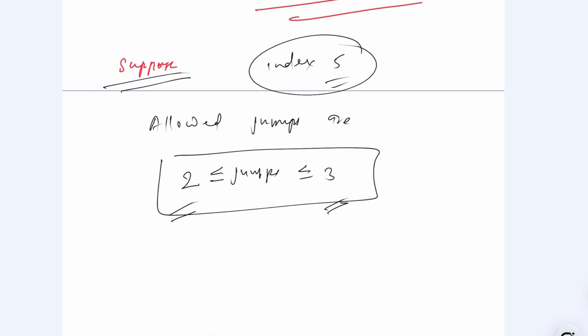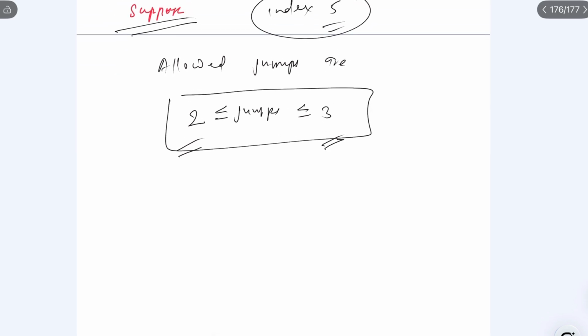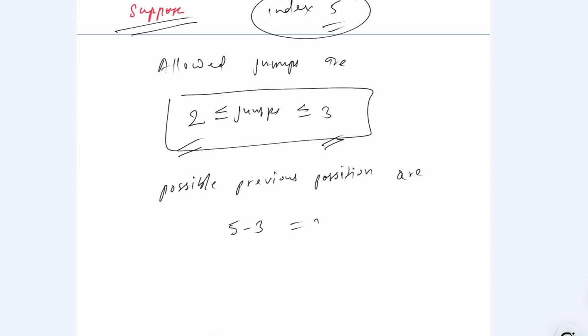So the possible previous positions before index 5 are 5 minus 3, which is equal to 2, and 5 minus 2, which is equal to 3.